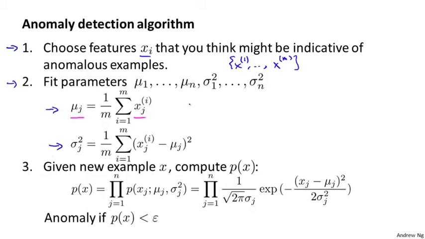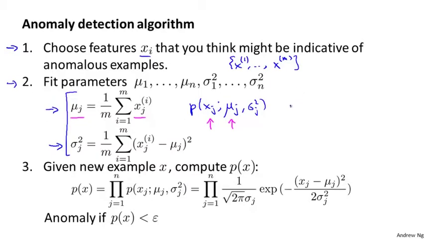So mu j goes in this term p of xj, which is parameterized by mu j and sigma squared j. And so this says, for mu j, just take the mean over my training set of the values of the j-th feature. And you compute these formulas for j equals 1 through n.